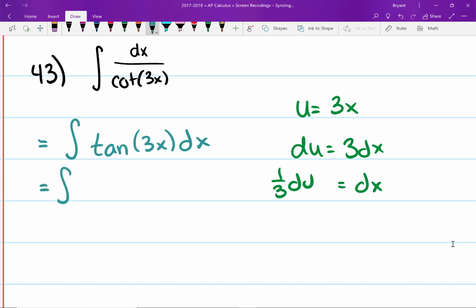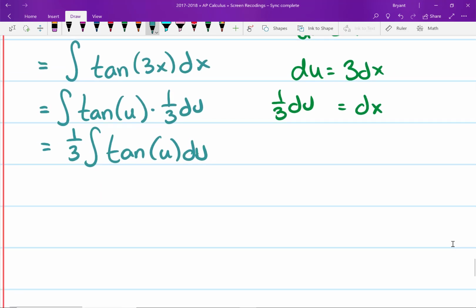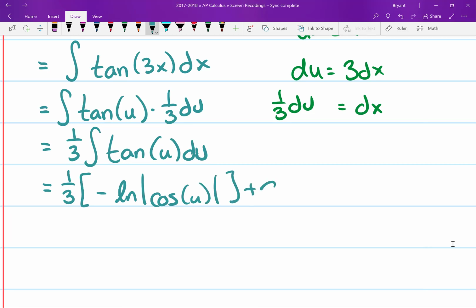So this is the integral of tangent of u times 1/3 du. So this is going to be 1/3 times the integral of tangent of u du. So this is equal to 1/3 times negative ln, absolute value of cosine of u, plus c.